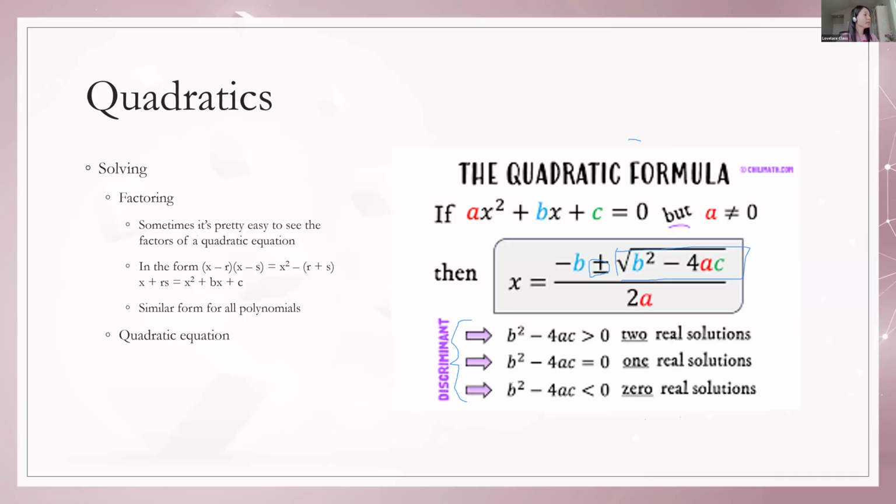If you don't have two real solutions, then when you graph it, it's not going to pass over the x-axis. It's probably going to look like this, but not intersect the x-axis, like the upper one.